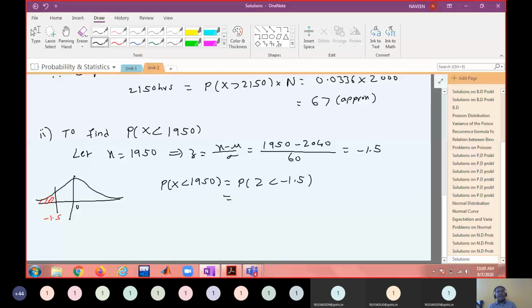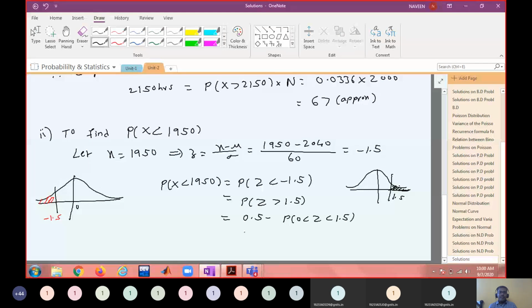Right tail area equals left tail area because it is symmetric, so I can write it as the probability that z is greater than 1.5, which is 0.5 minus the probability that 0 is less than z less than 1.5.